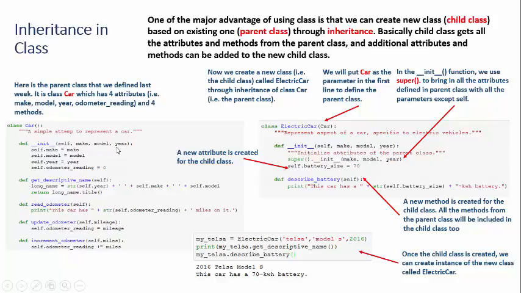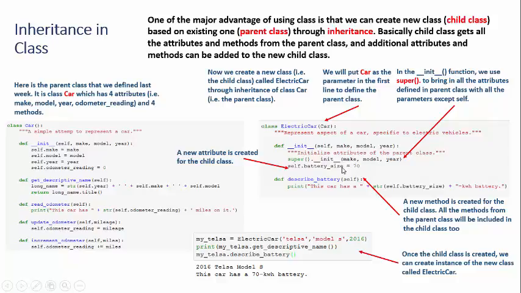And because we do not define the odometer reading here, we're not going to include the odometer reading here either. But by using this super function, the super method here, we specifically imported every attribute from the parent class as well as every method from the parent class.